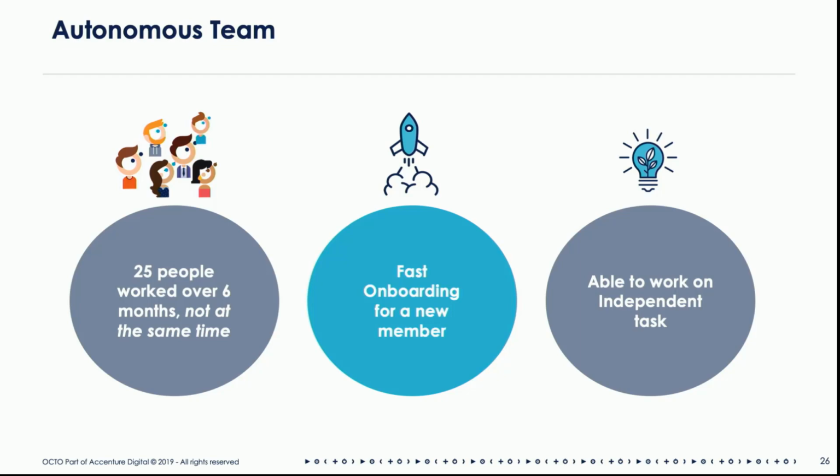And even with that, everyone was able to work on their feature autonomously without being dependent on or waiting for someone to do something. And it was very fast to onboard a new team member once you have automated quite a lot of things.